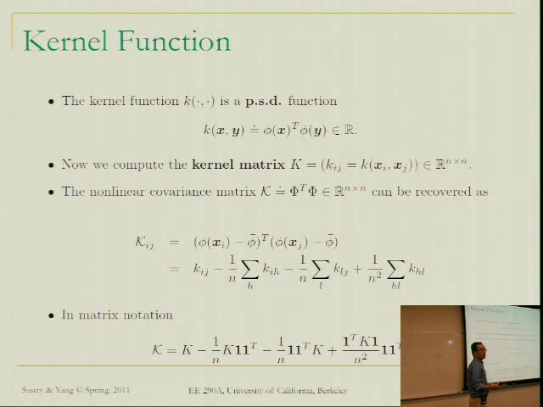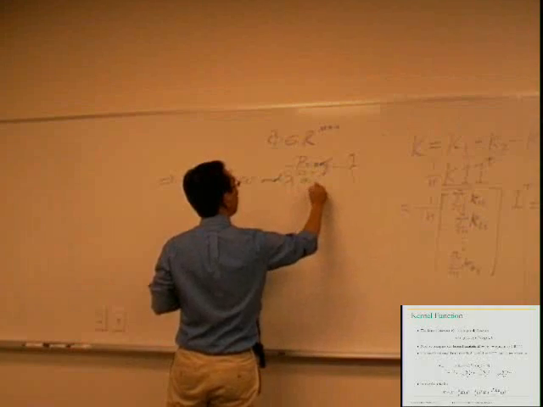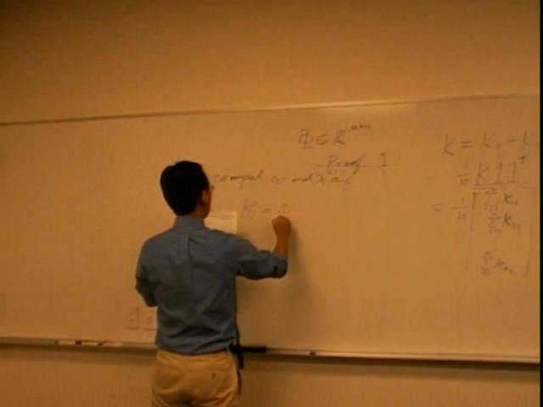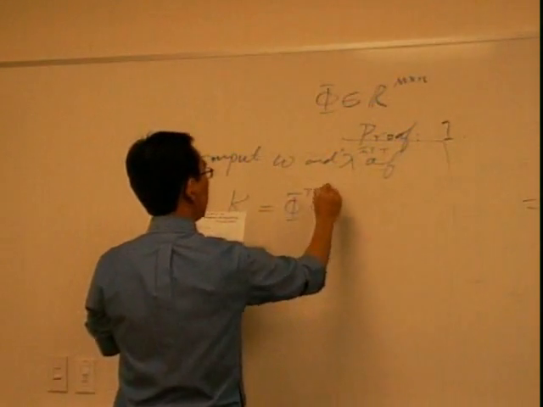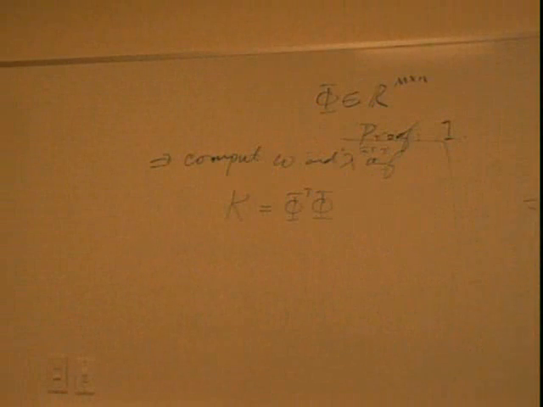So what do we do next? Compute the eigenvector and eigenvalue of this guy. Right? So the next step is to compute W and lambda of K equal to phi transpose phi. We get back to the previous slide.